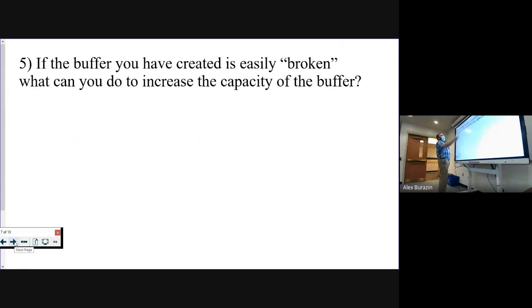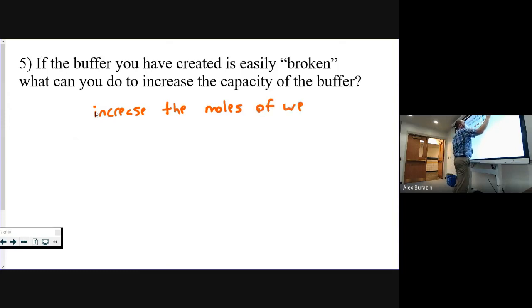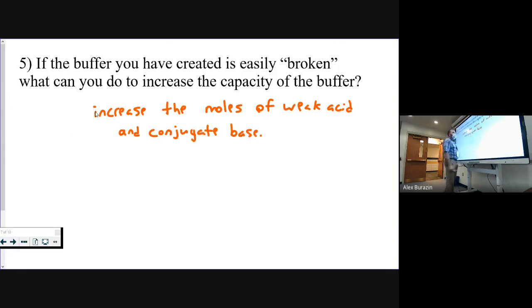So what can we do to increase the capacity? Increase the moles of the weak acid and conjugate base. Makes perfect sense, I think.